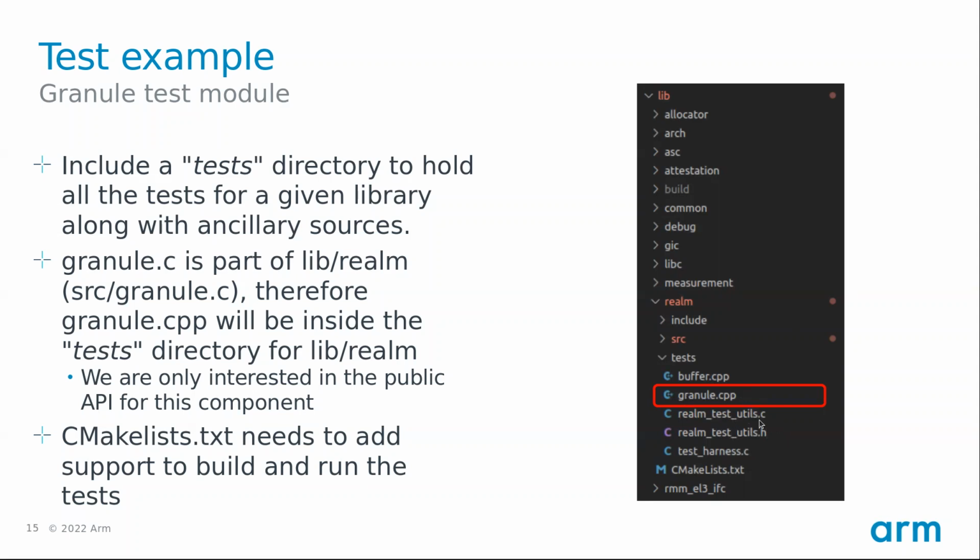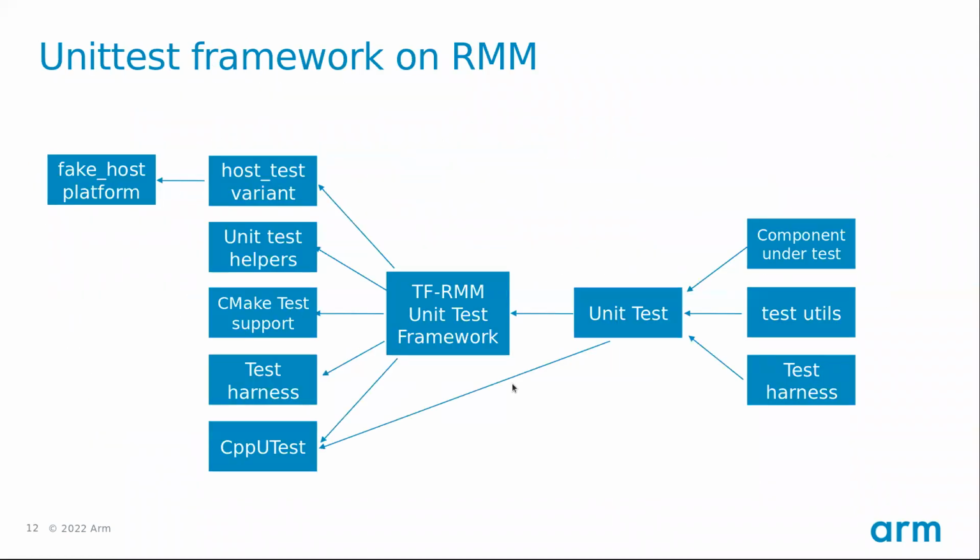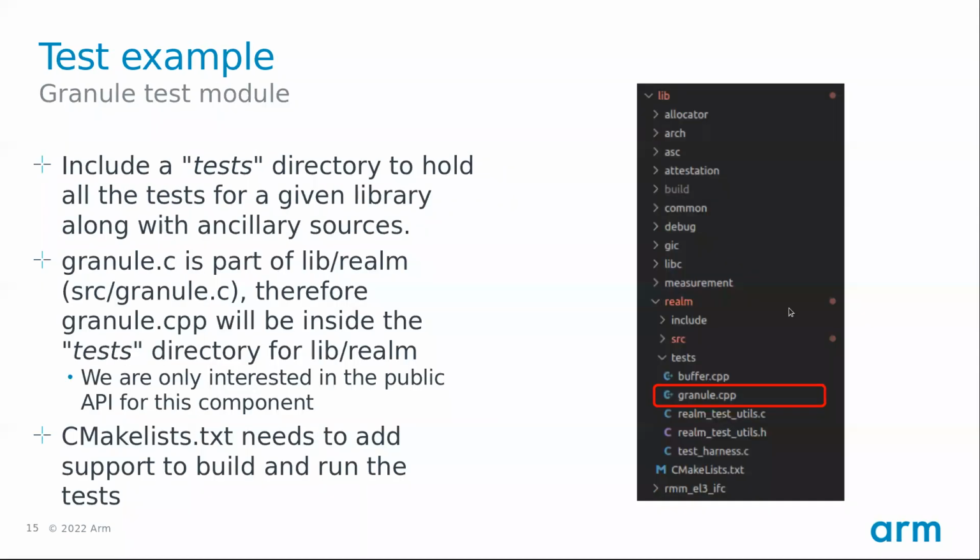Then we also have the test utils that I mentioned before. And if we need any test harnesses, they will be here. I'm going to explain a little bit how all this works, and I'm going to show flow diagrams on how the test harnesses work.